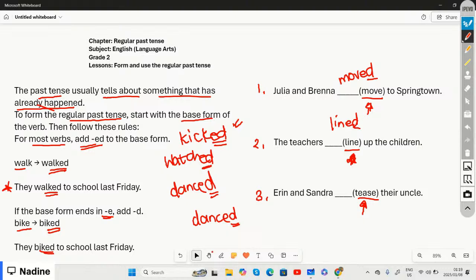And we just add D because the word already ends with an E.